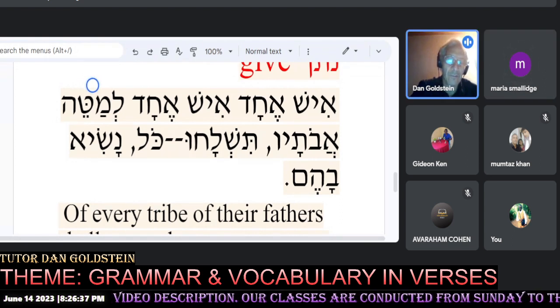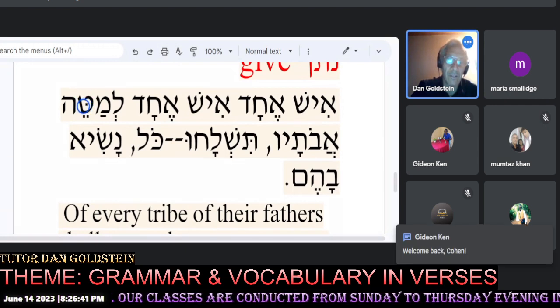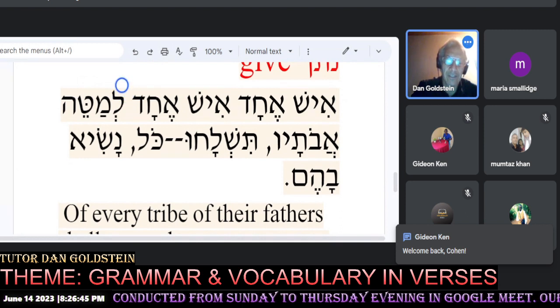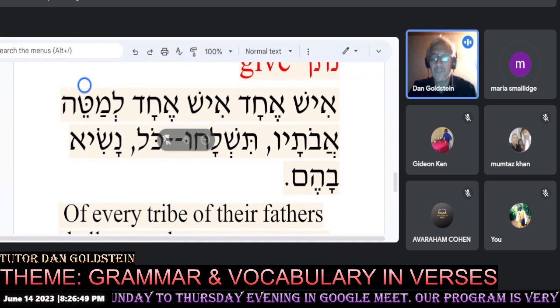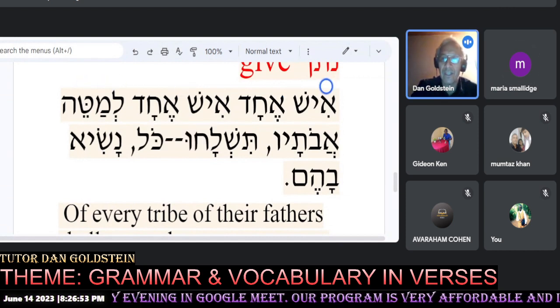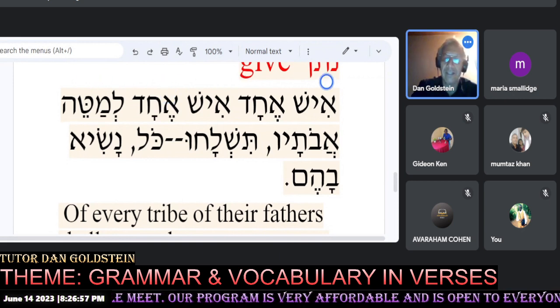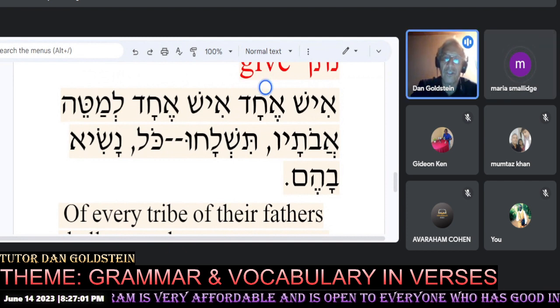So you had it right the first time. It's li, ma, and then what's this vowel? A. Right. Limate. There you go. Very nice. Do you want to try it once more for some fluency? Ish echad limate.